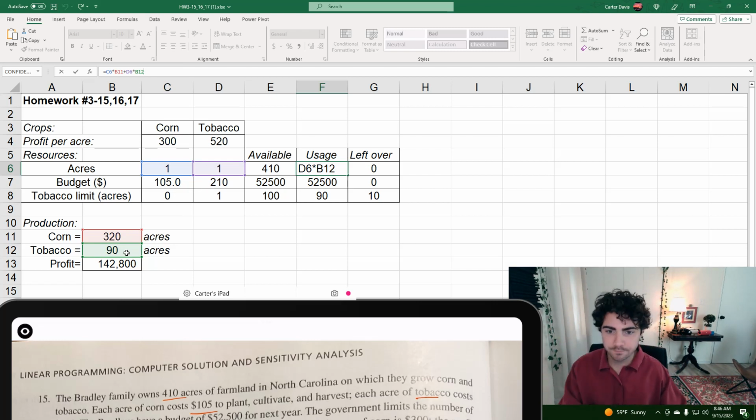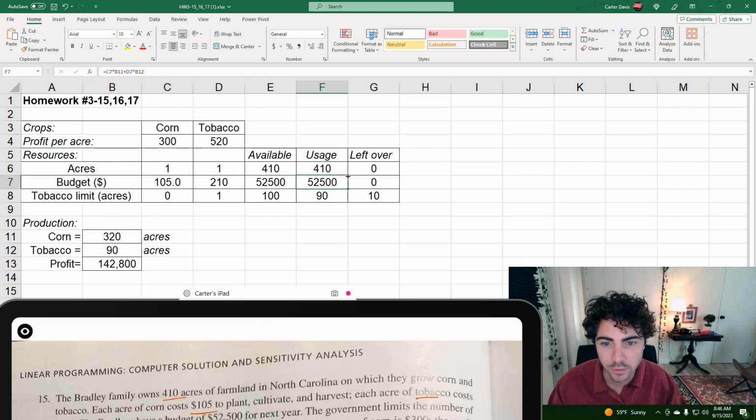Anyway, so that was just like a clever way to put a row for acres, but instead of putting like 320 and 90 here as the result, they were able to put them down here in this nice organized way. I don't know. It's kind of a whack way of doing it personally, but that's why they did that there, just so the ones would work with these and work with the usage formula.